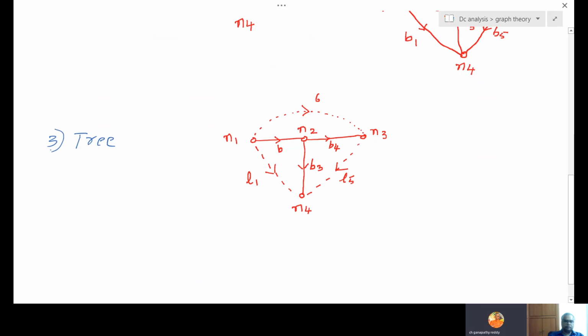Next, fourth step, cut set matrix. Cut set matrix indicated with A. This is also named as incident matrix.